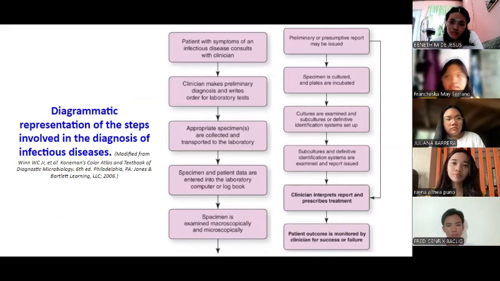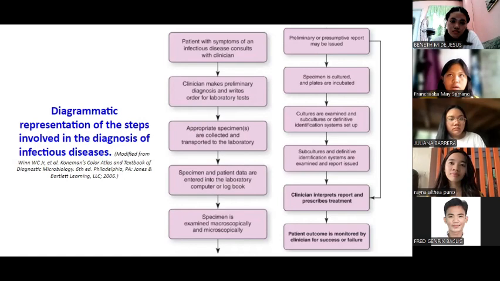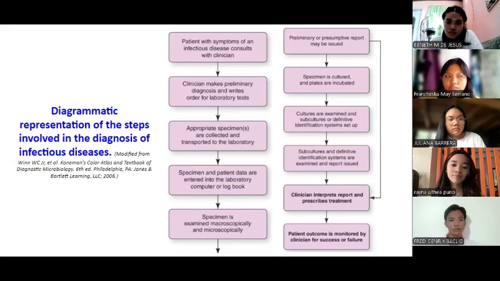Some laboratory tests need a physician's order and some naman hindi. Ang example na kailangan ng physician's order are I think CBC as well as the HEPA B titer, which is the anti-HBs.